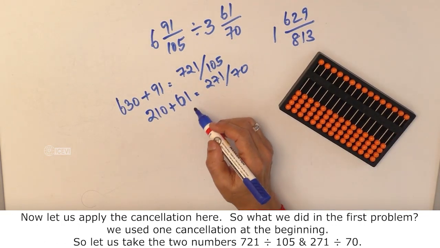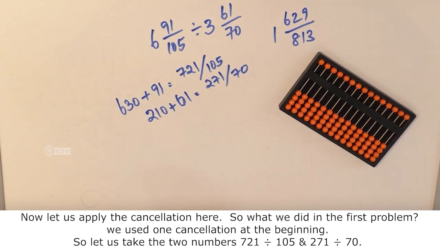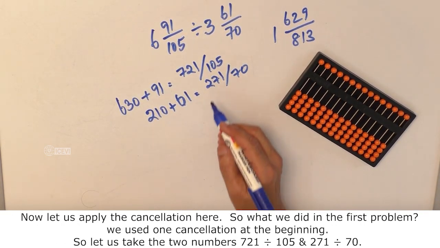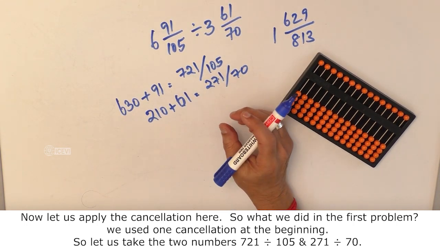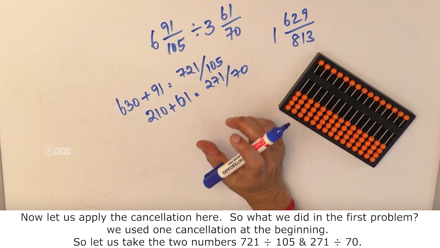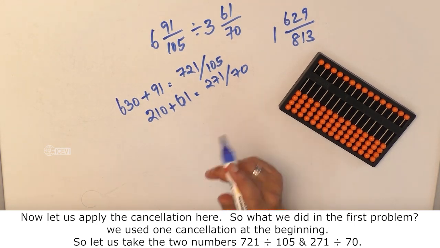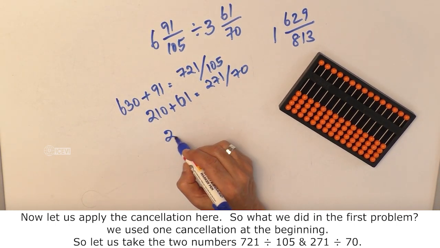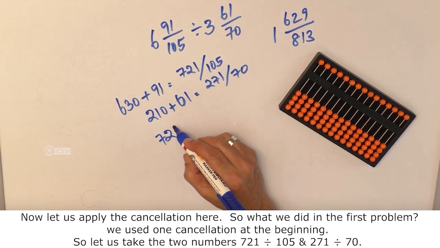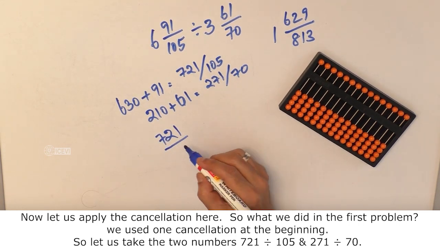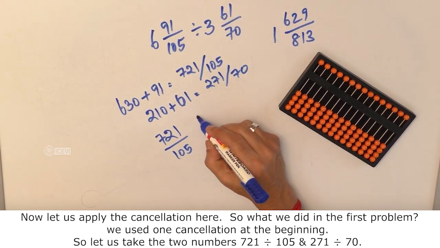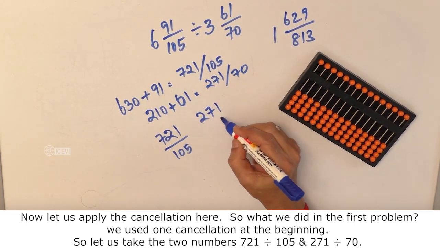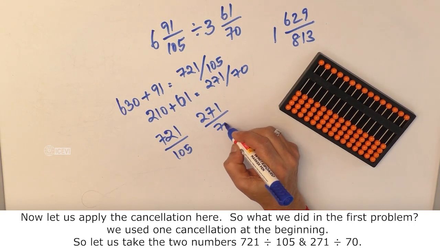Now let us apply the cancellation here. In the first problem, we used one cancellation at the beginning. So let us take the two numbers, 721 divided by 105 and 271 divided by 70.